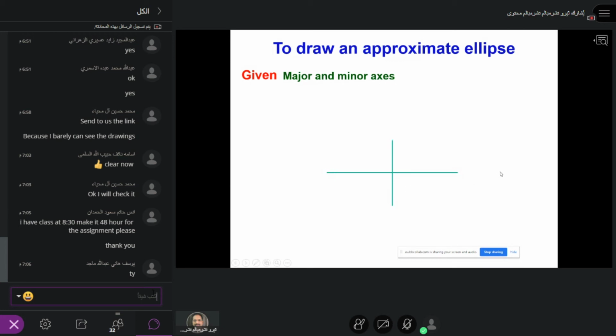These two will be given in order for you to draw the ellipse. You can easily draw the major axis with the center, and then in a very similar way you have to draw the minor.